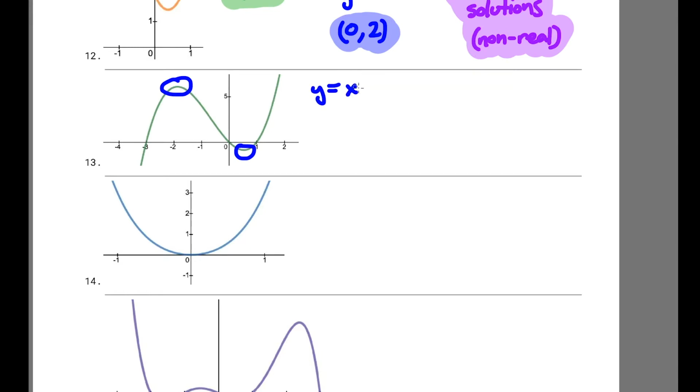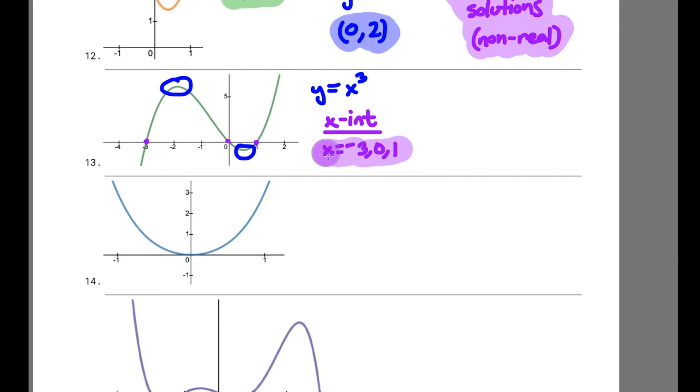So I'm just going to write y equals x to the 3rd for that. The solutions for it, the x-intercepts anyway, there's 1, 2, 3 here. So the x-intercepts are going to be at x is equal to -3, 0, and 1. And again, if you want, you can write that as coordinates.